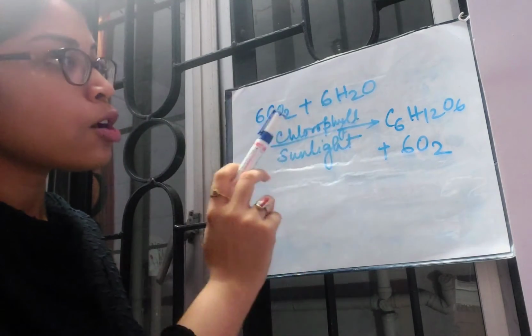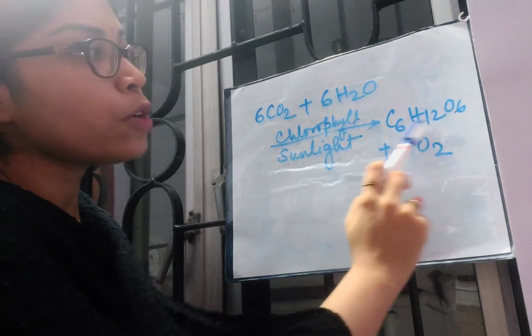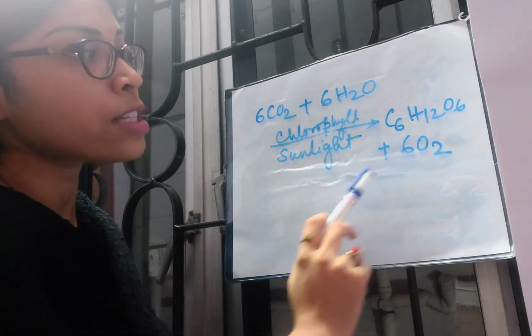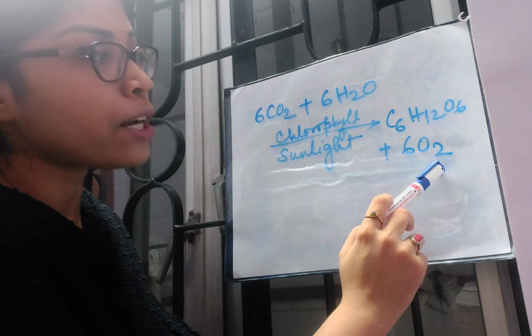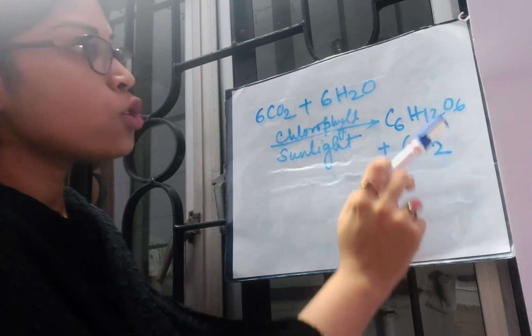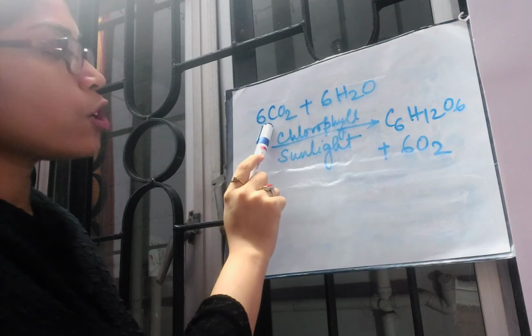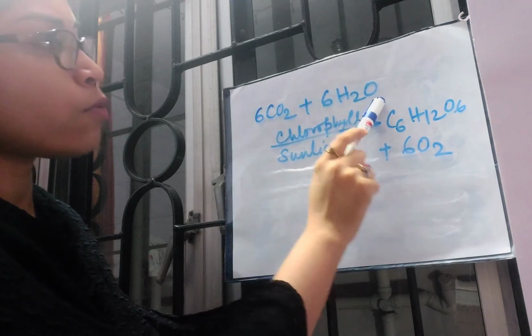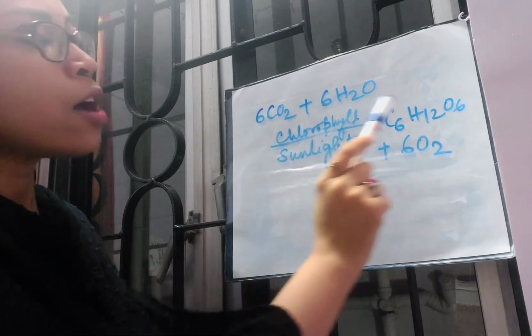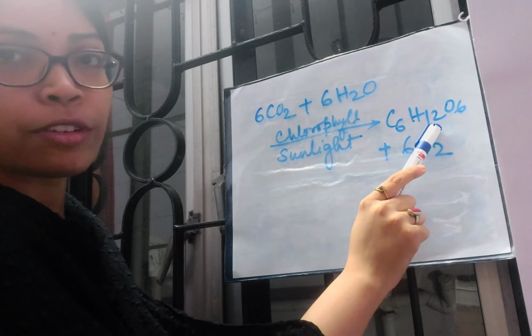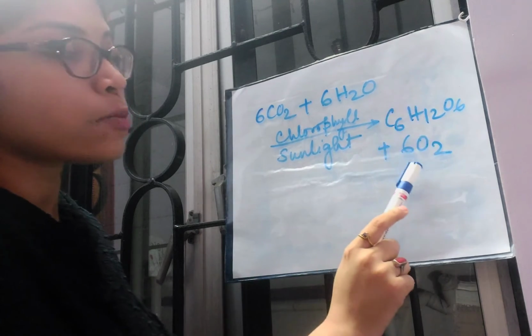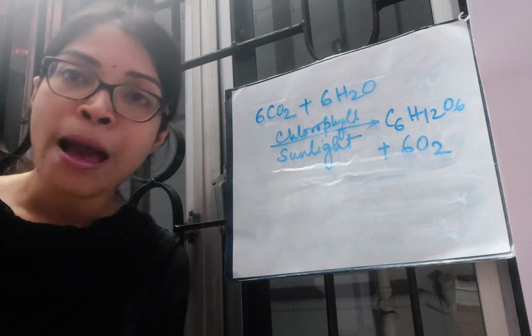All these things produce 1 molecule of glucose, C6H12O6. Along with it, the byproduct is 6 molecules of oxygen. So to produce 1 molecule of glucose, the plant needs 6 molecules of carbon dioxide, 6 molecules of water, chlorophyll, and sunlight. After that, 1 molecule of glucose will be formed and 6 molecules of oxygen will be formed as byproduct.